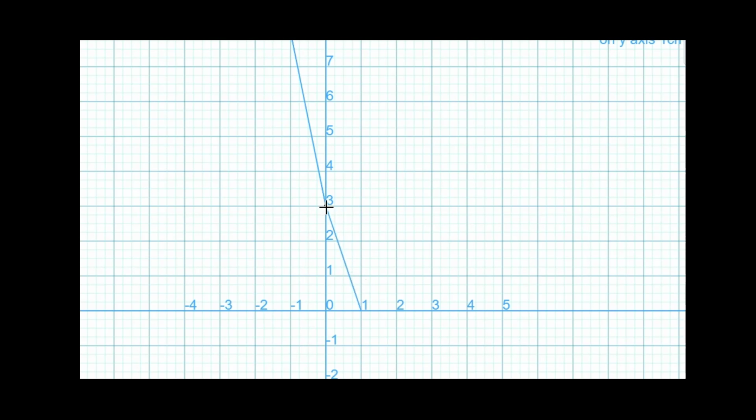Then the next coordinate we have is 2 comma minus 1. In the x-axis it is 2 and in the y-axis it is minus 1. So from here we have to join it. And the next coordinate we have is 3 comma 0. That is from here.